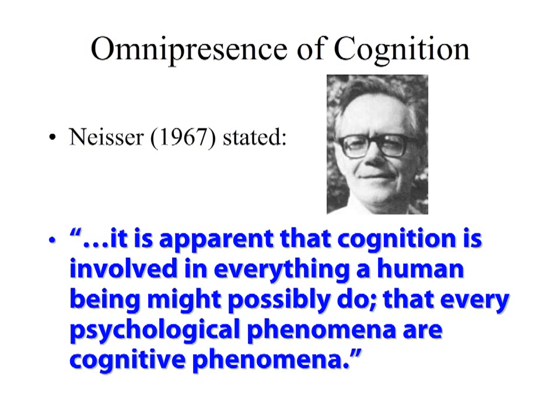It's omnipresent. And way back in 1967, Neisser stated that it is apparent that cognition is involved in everything a human being might possibly do, that every psychological phenomena are cognitive phenomena.